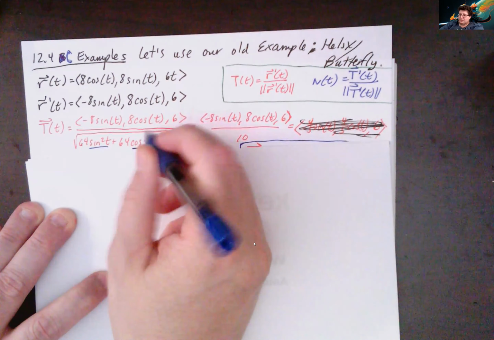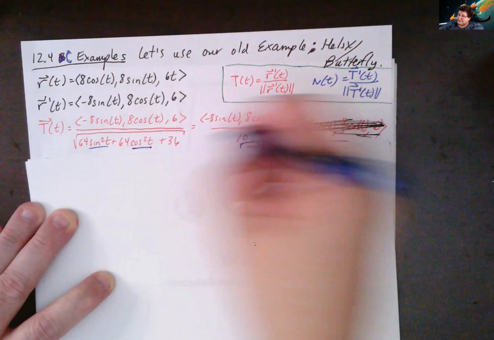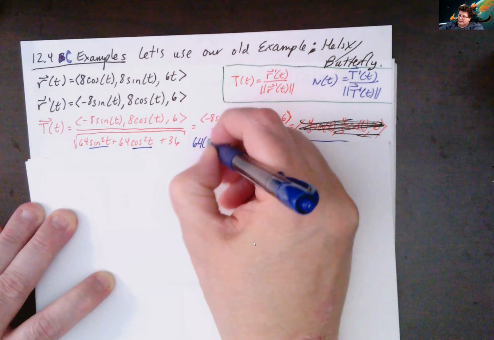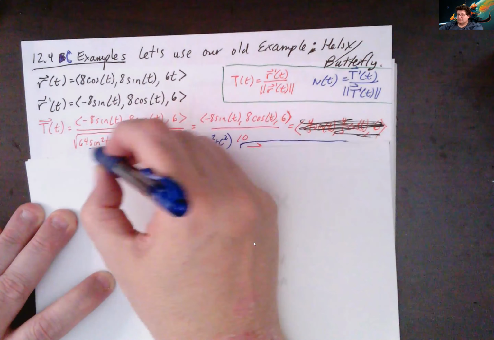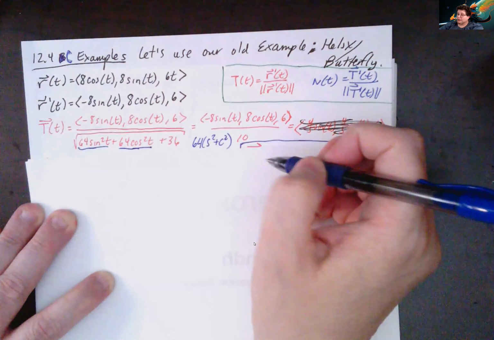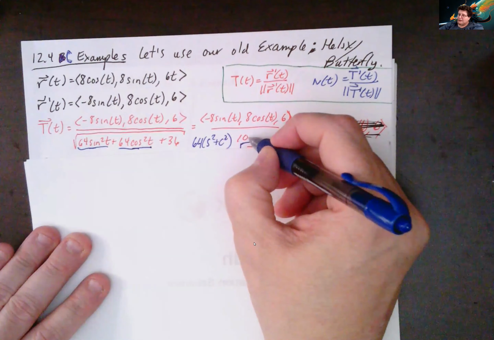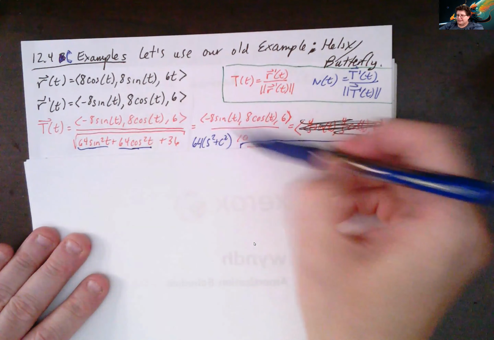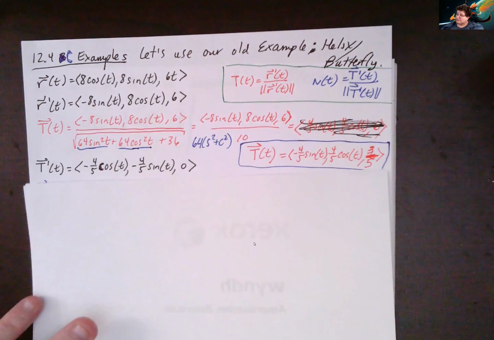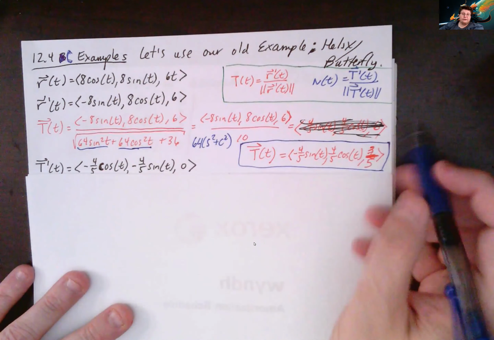That equals 1, so 64 plus 36. There's only one 64. 64 plus 36 is 100. Square root of 100 is 10. So we're just dividing 10 into each of these. These simplify into 4/5 and 3/5. So negative 4/5 sine of t, 4/5 cosine of t, and 3/5.